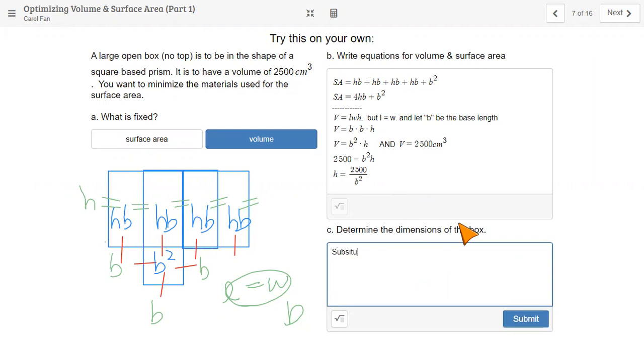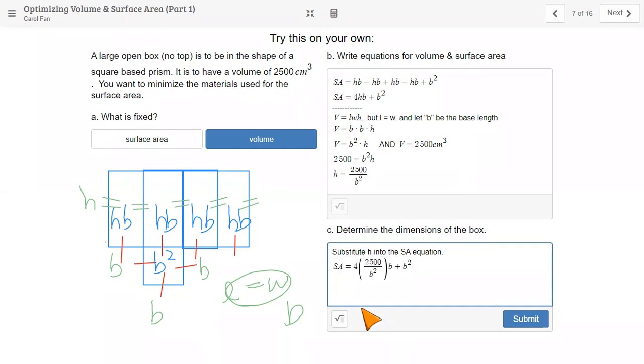So I'm going to substitute H into the surface area equation. So surface area is equal to 4 times 2,500 divided by B squared times B plus B squared.